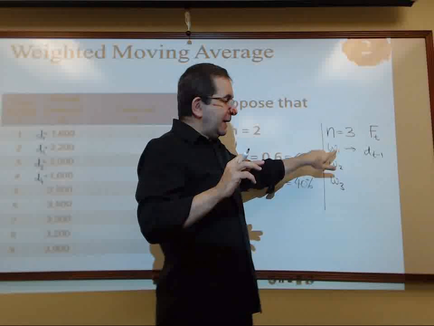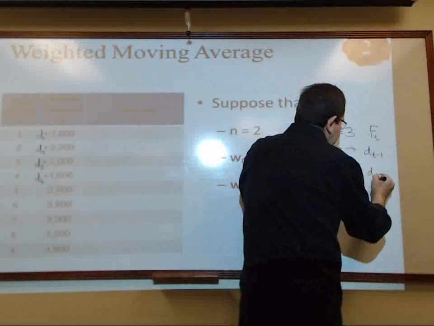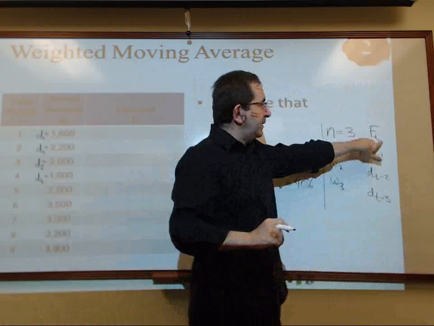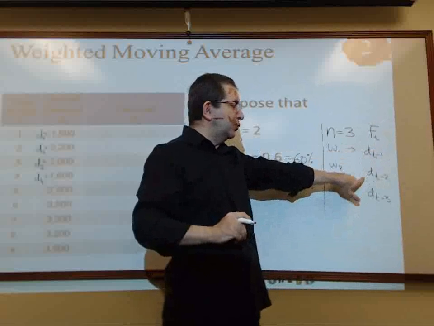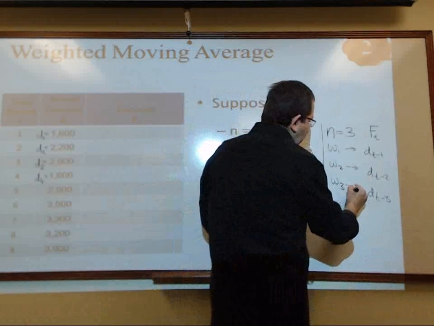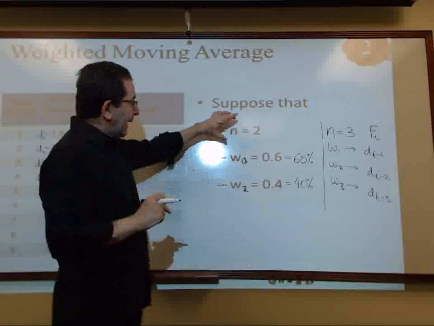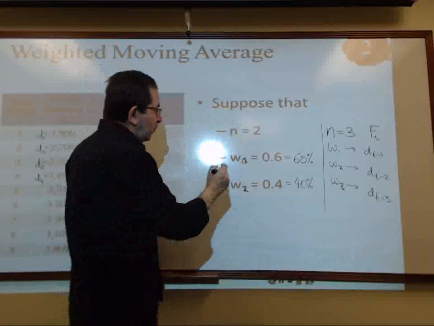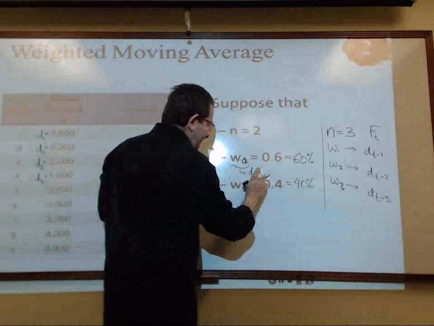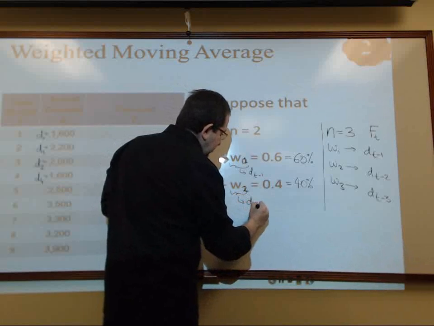Now, if I use 3 periods, I go back 1 period, I go back 2 periods, and 3 periods. So I need to use dt minus 2, dt minus 3. So I go from period T back 1 period, 2 periods, and 3 periods, and the corresponding weights are like this. Here I use 2 periods: I go back 1 period and use this weight for dt minus 1, and I use this weight for dt minus 2.